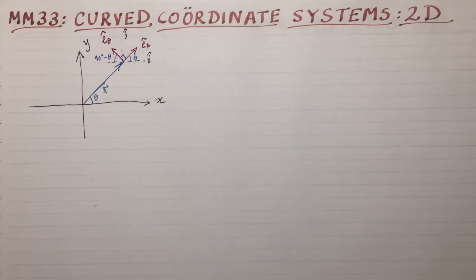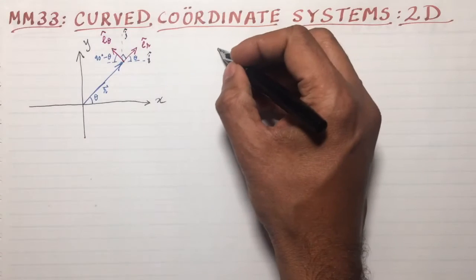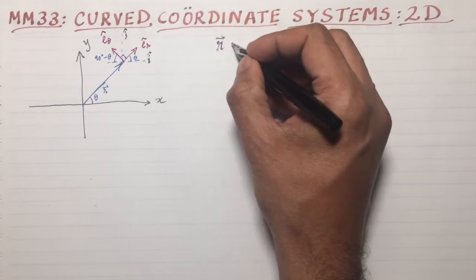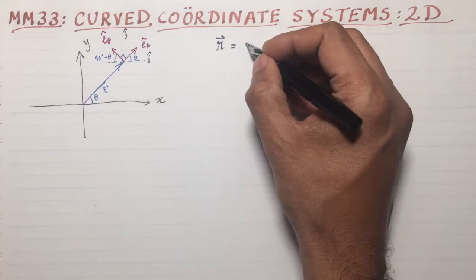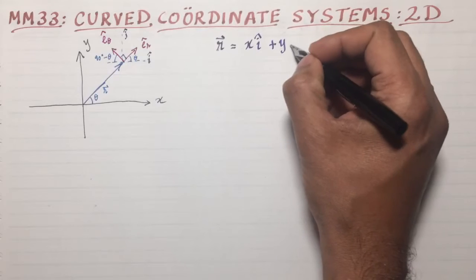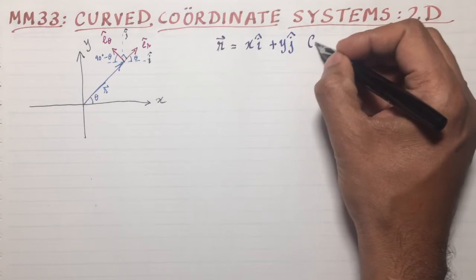So I'd like to discuss the subject of curved coordinate systems by taking into account the simplest possible example of such a system, which is the ordinary polar coordinate system in 2 dimensions. So the basic equations that govern the coordinate system is that the radius vector r would be given by x i hat plus y j hat in the Cartesian coordinate system.